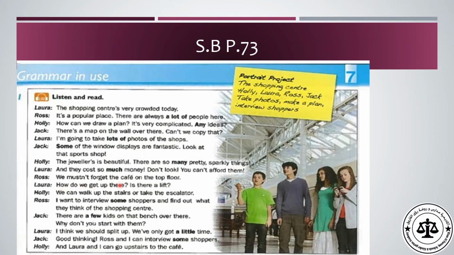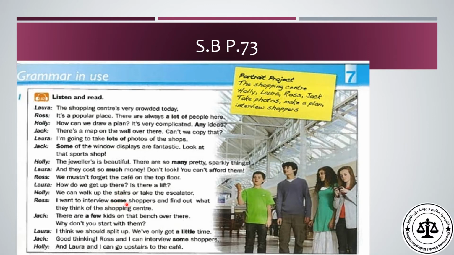We mustn't forget the cafe on the top floor. How do we get up there? Is there a lift? Which means an elevator. We can walk up the stairs or take the escalator. I want to interview some shoppers.